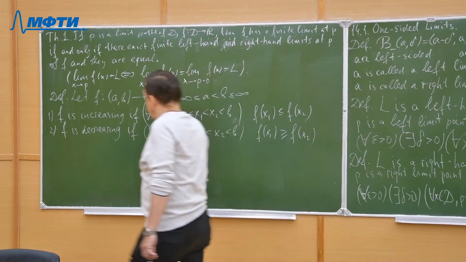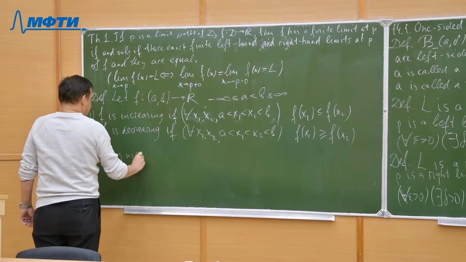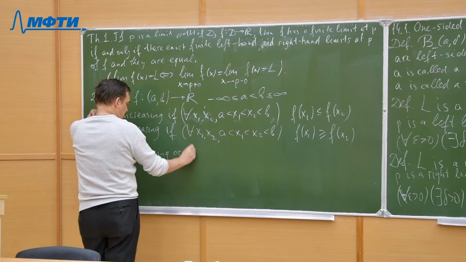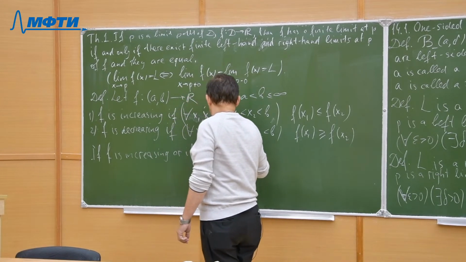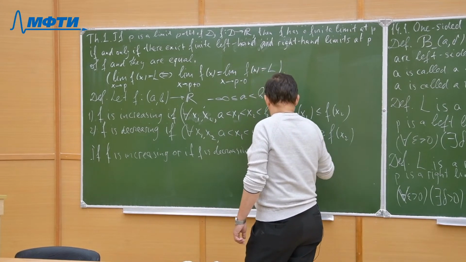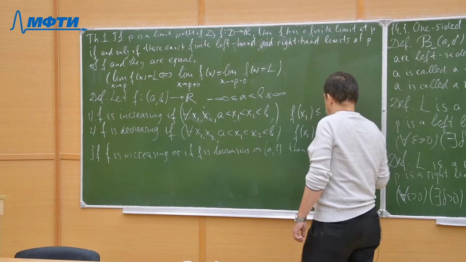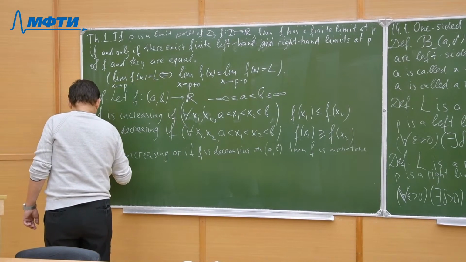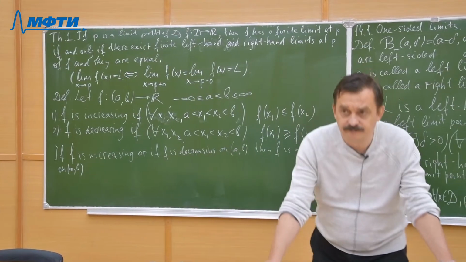If f is increasing or if f is decreasing, then f is monotone on (a, b). That is the definition of monotone functions.